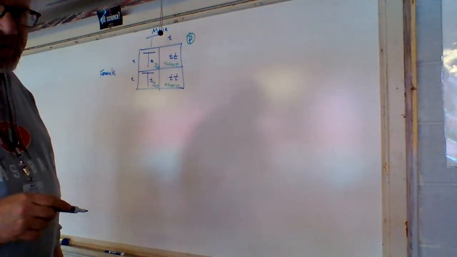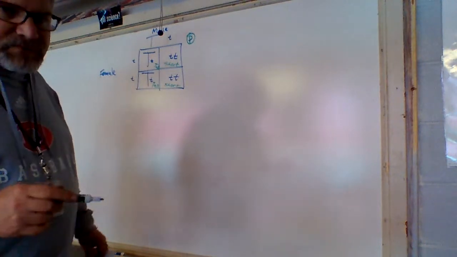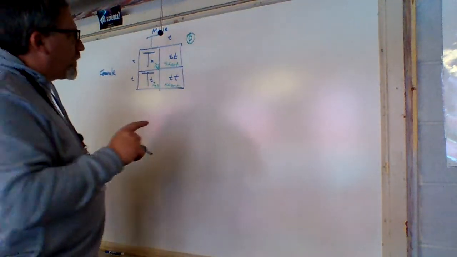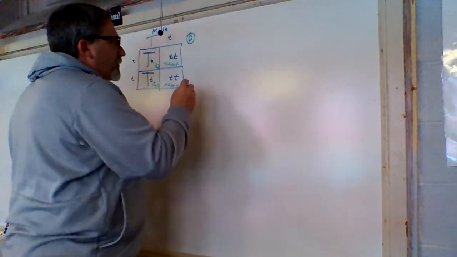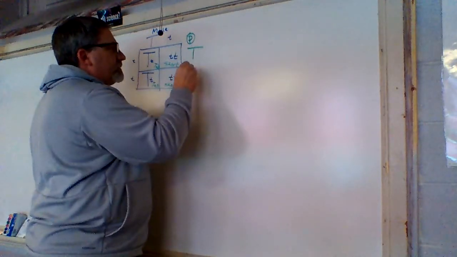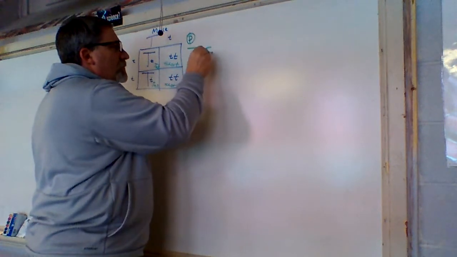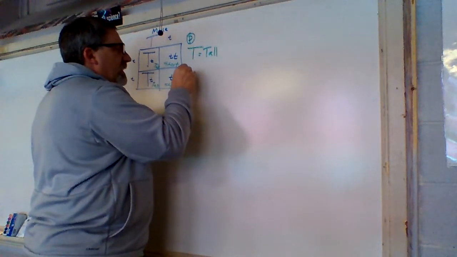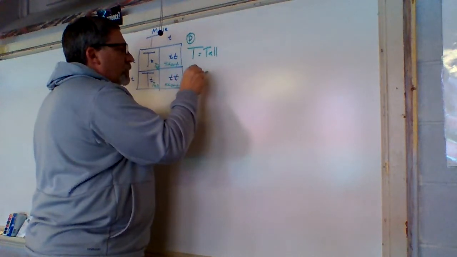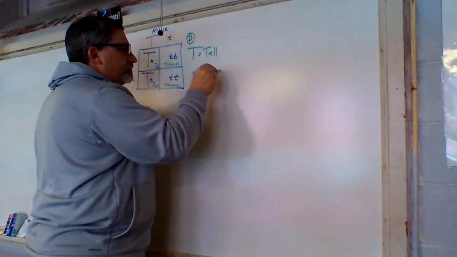And here's what you do. Phenotypes represents what you can see. And what we're talking about here are things that are tall and short. So what you do is put big T is equal to tall, and little t is equal to short.